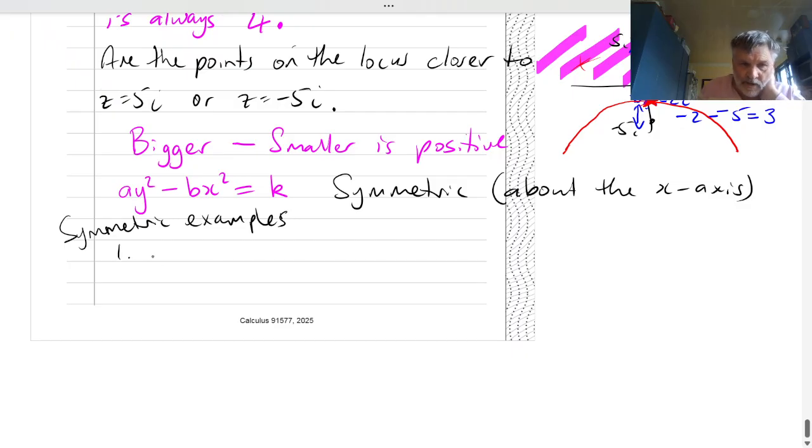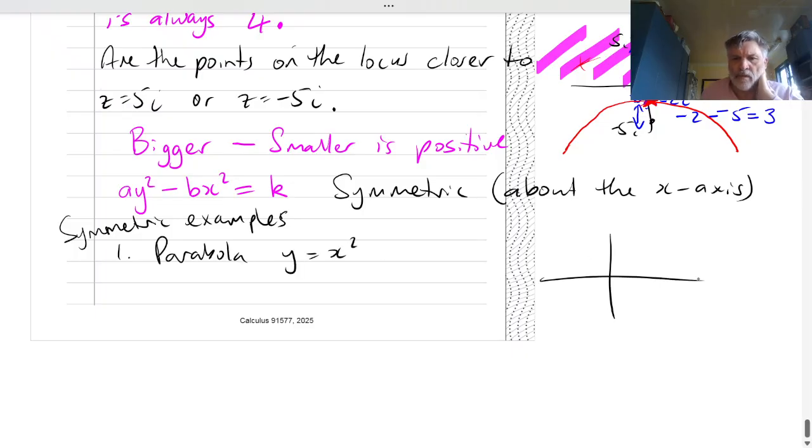So one, just the parabola, y equals x squared. So you know that comes down like so. Excuse my poor drawing skills.